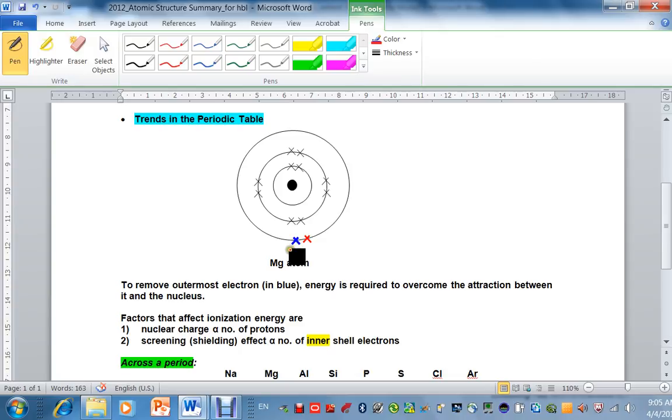If you look at this blue electron that you are trying to remove, take note that the screening effect it experiences comes mainly from the inner shell electrons. This blue electron experiences very little screening effect from this red electron, which is in the same shell as it is. So in short, screening effect comes mainly from the inner shell electrons. We just look at the inner shell electrons to judge the screening effect.